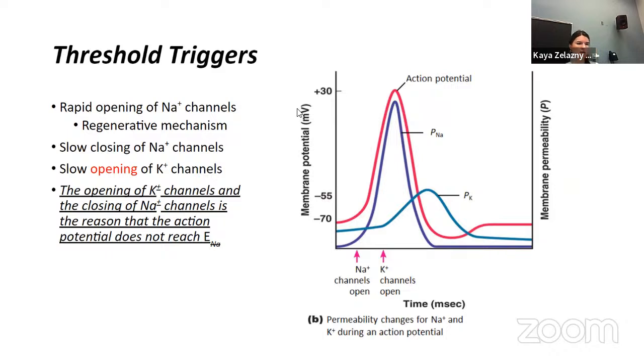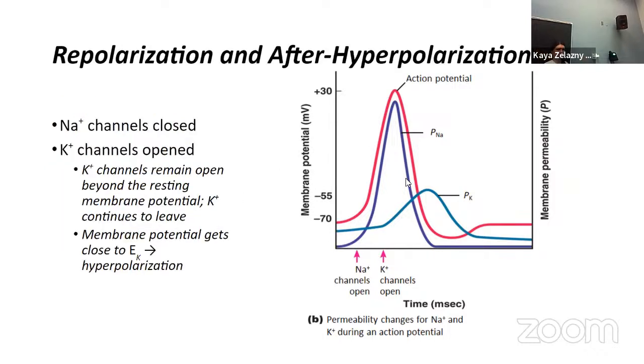So this is why we're not getting all the way to our +60, our equilibrium potential for sodium. Our sodium channels have closed at the top here. Now we're repolarizing. Our potassium channels are still open, right? So they're still open during this repolarization phase.